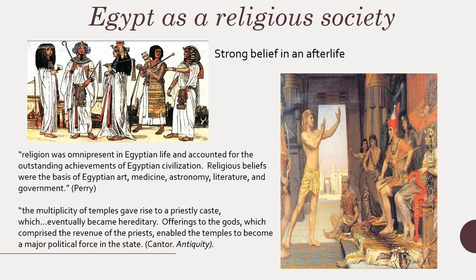Norman Cantor, again, he'll be my go-to guy for quotes for a number of units now. The multiplicity of temples gave rise to a priestly caste, meaning kind of a priestly hierarchy, which eventually became hereditary. Priests could pass on their powerful position as a priest to their son. Offerings to the gods, which comprised the revenue of the priests, enabled the temples to become a major political force in the state.